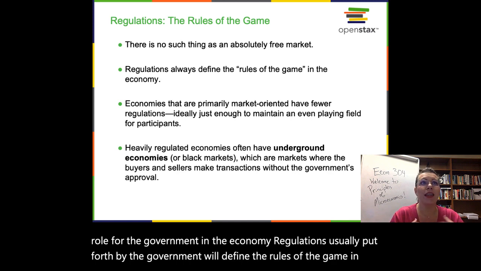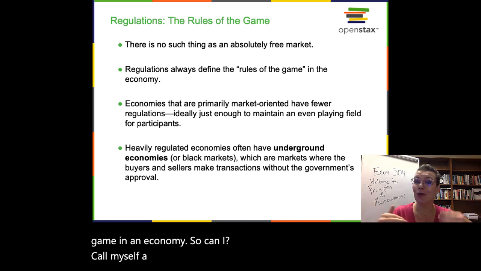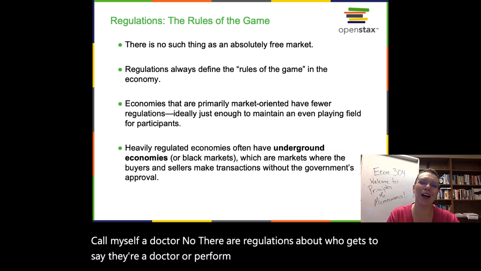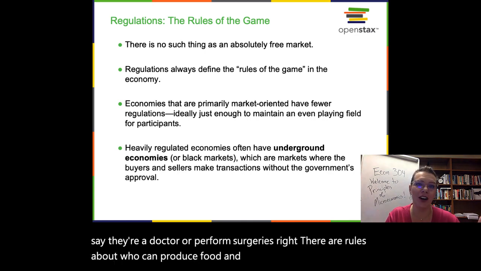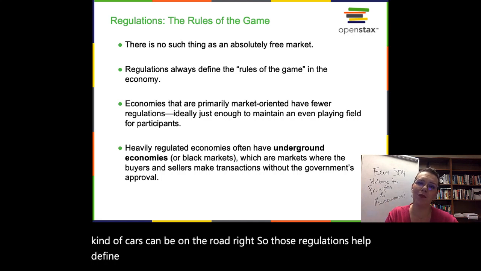So, can I call myself a doctor? No, there are regulations about who gets to say they're a doctor or perform surgeries, right? There are rules about who can produce food and who can produce cars and what kind of cars can be on the road, right? So those regulations help define the rules of the economy.